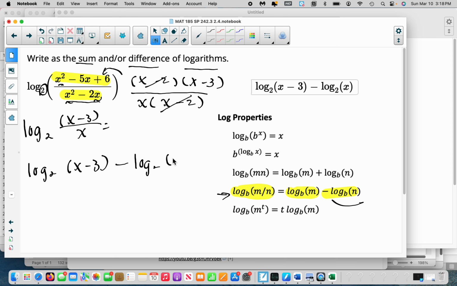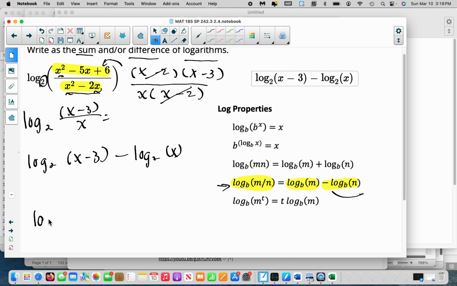If I didn't reduce first, I could still use the log property. It's still a quotient. I'd still say log base 2 of the numerator, x squared minus 5x plus 6, minus log base 2 of x squared minus 2x.